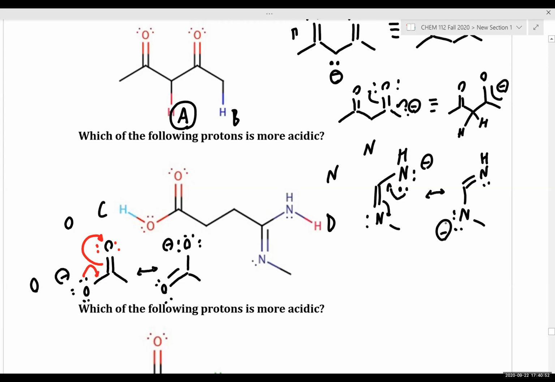Now, my question to all of you is, from the perspective of atom effects, which atoms have a greater effect on anion stability? Electronegative atoms or less electronegative atoms? Which atom would be more readily able to stabilize our negative charge? Oxygen or nitrogen?